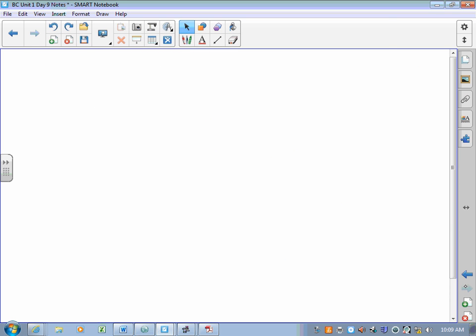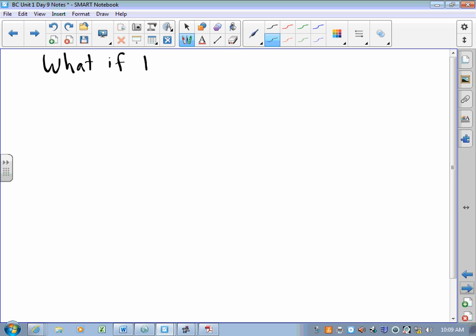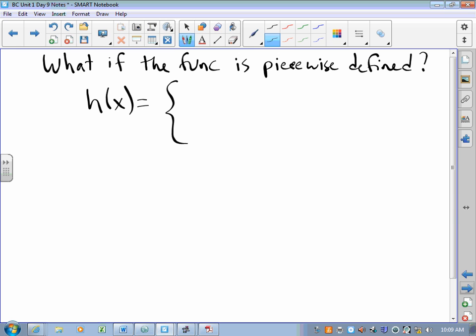Thought. What if the function is piecewise defined? What if h of x is the function x cubed if x is less than or equal to 0, and radical x if x is greater than 0?